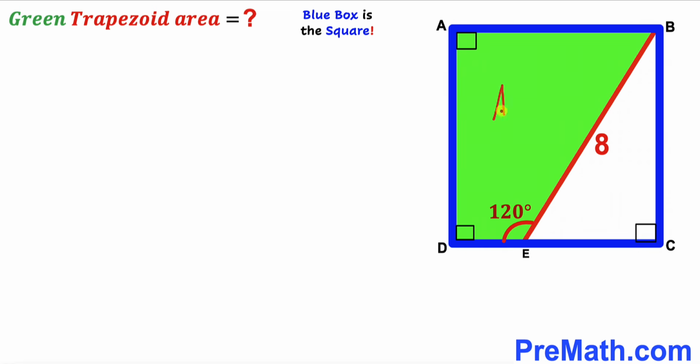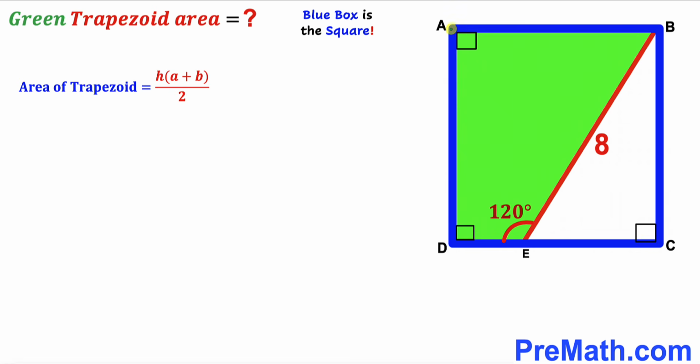Since we are interested in calculating the area of this green shaded trapezoid ABED, let's recall the area of a trapezoid formula. Area is equal to height h times the sum of the bases a and b, all over 2.